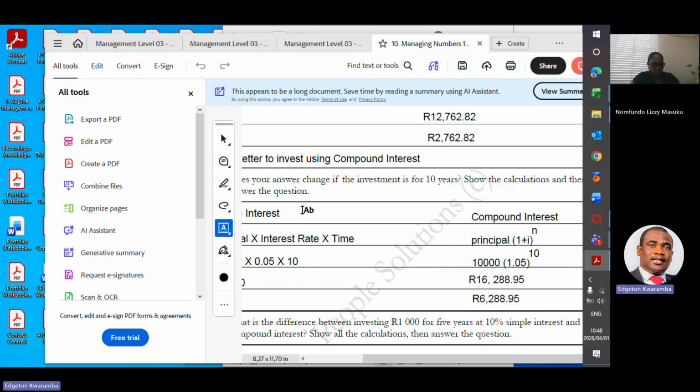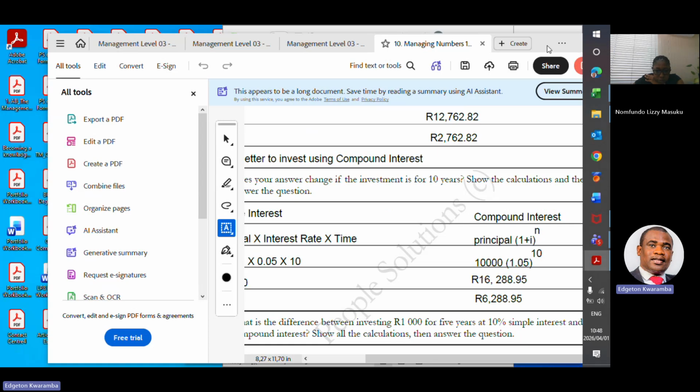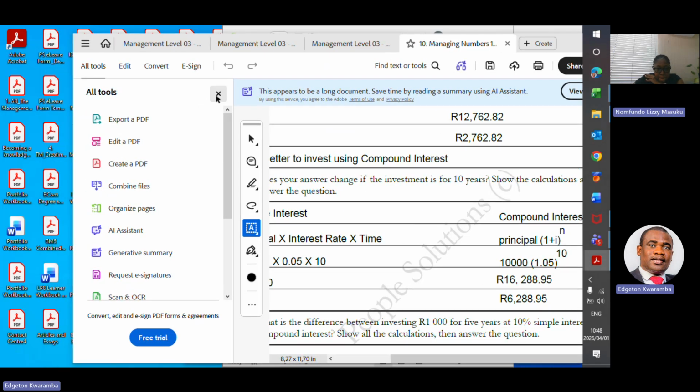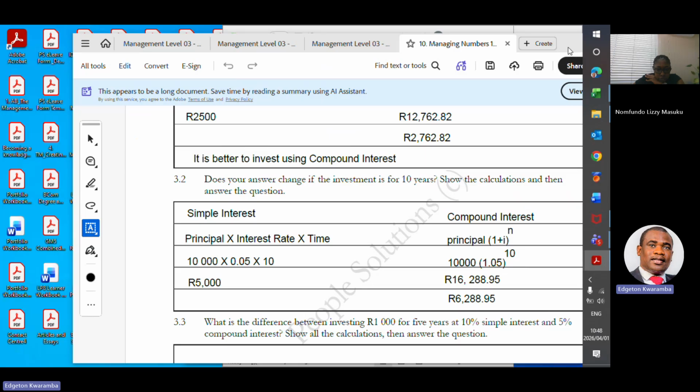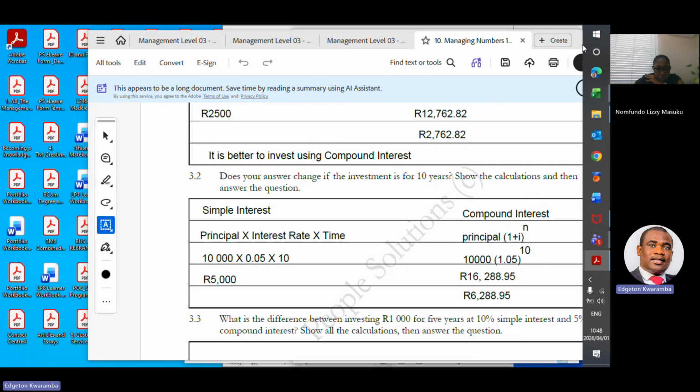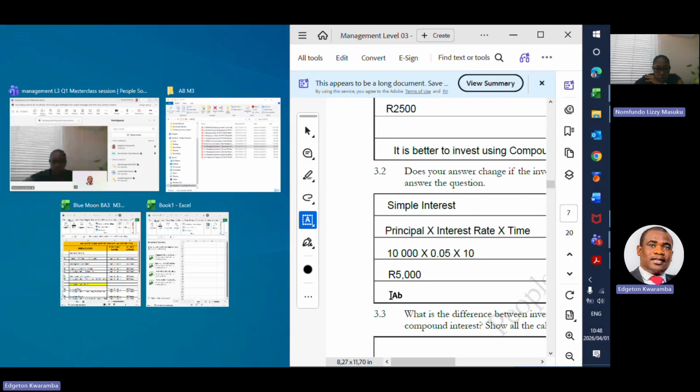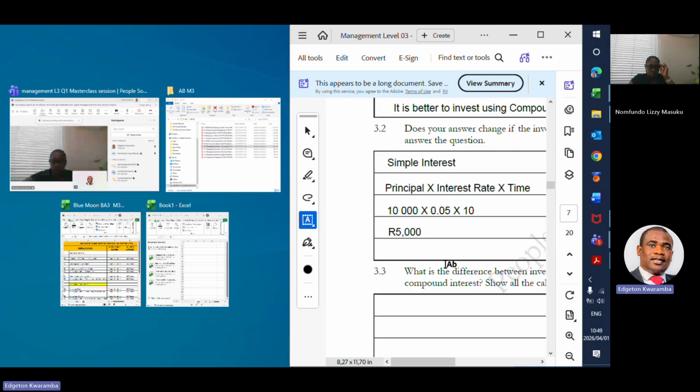So the question is saying, does the answer change? Our answer here was that it's better to invest using compound interest. So does it change now? Still the same. Compound interest, because it's more. So you can just conclude there to say the answer does not change. Compound interest still pays more.